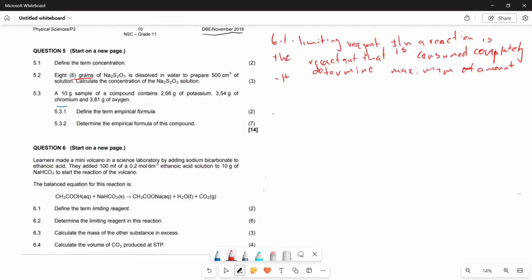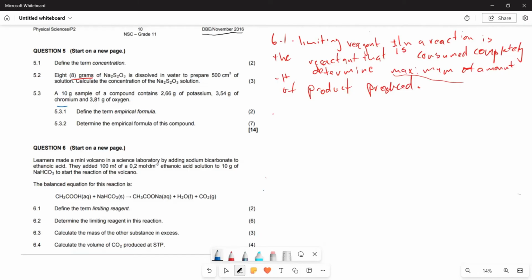Remember that when it runs out, there is no way that the reaction can continue to take place. So that's the reason why we are saying it is the one that determines the maximum amount of product that is going to be formed.